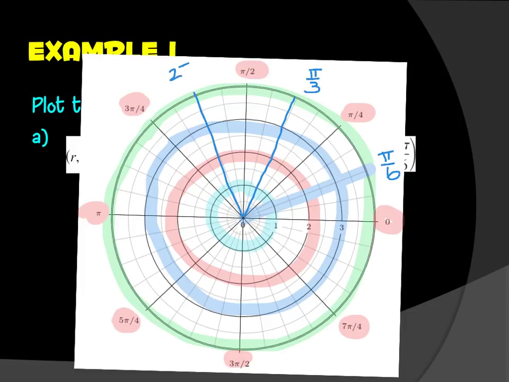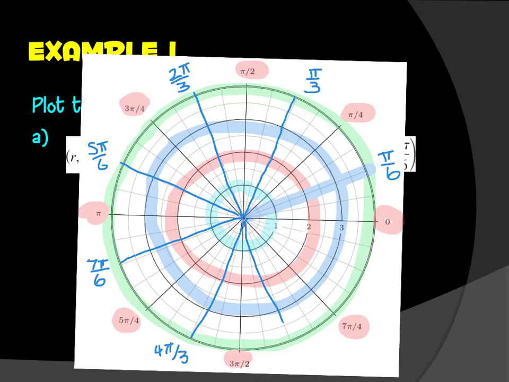These are 1 less than the denominator, if you remember. 2 pi over 3, 5 pi over 6. This is 1 more than your denominator, 7 pi over 6. 4 pi over 3. And then this one was 5, 7, 11, or 1 less than double. 5 pi over 3, 7 pi over 4, and 11 pi over 6.